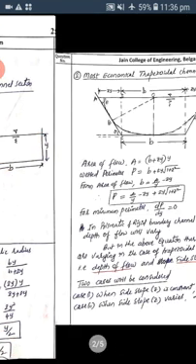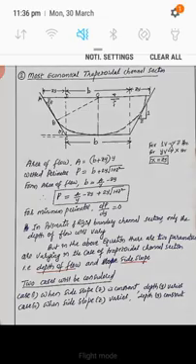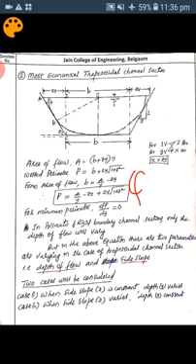Next is the derivation for the most economical trapezoidal channel section. Again, the same procedure: we need to minimize the perimeter. If we minimize the perimeter, we automatically get the maximum discharge, because Q equals A into V. In this, the area is constant, the bed slope is constant, and the roughness of the surface is constant.